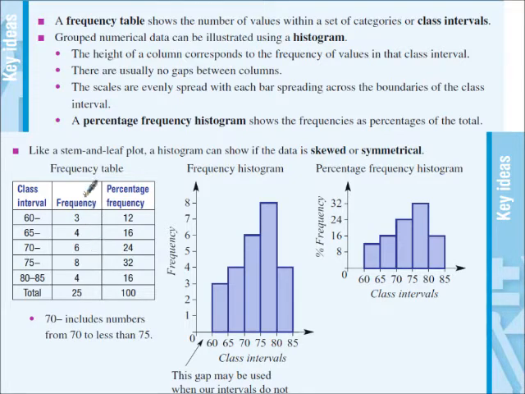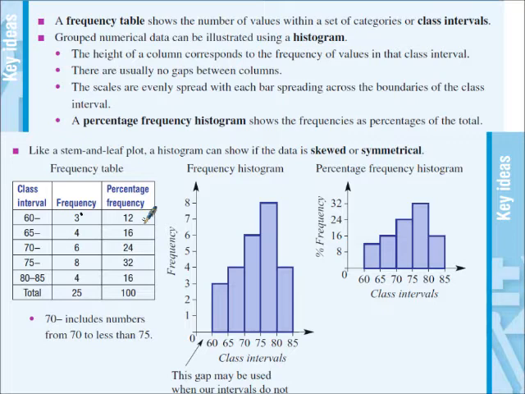So we classify the variable that we're interested in, in this case age, into different groups, and we see how many of our people are within the different groups. This percentage frequency column here is simply the percentage generated from the frequency. So if I take 3 over 25 and turn that into a percentage, it will be 12%.